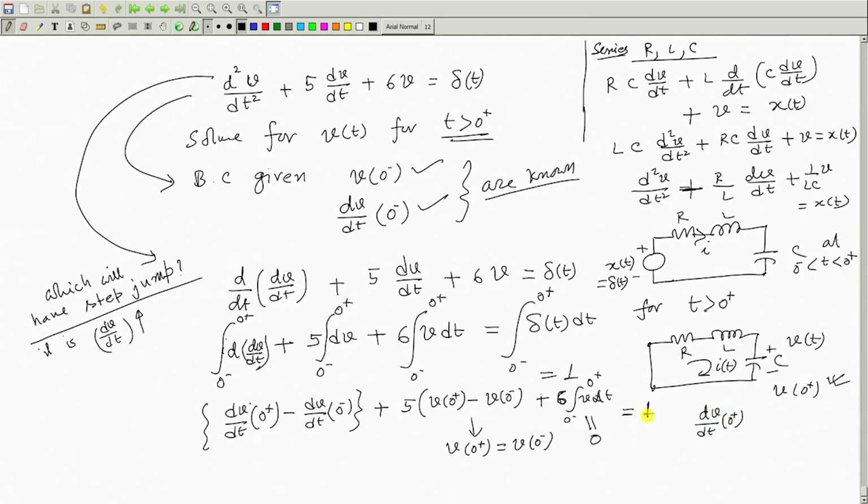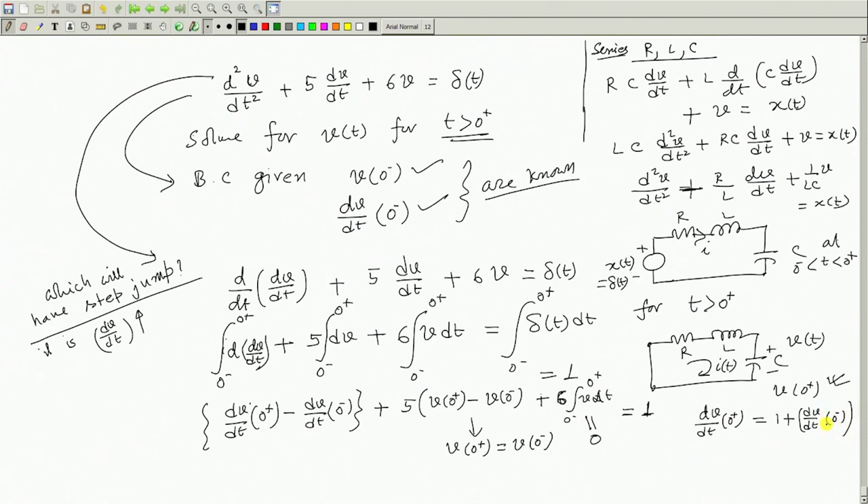This side is 1. So, dV dt at 0 plus will be equal to 1 plus dV dt at 0 minus. Let me be consistent.